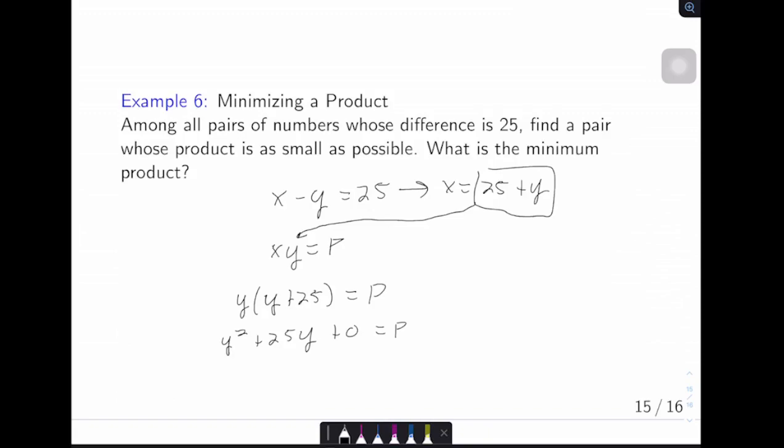And we just find our vertex now. Well, actually, we will set this equal to 0 because we want to minimize it.